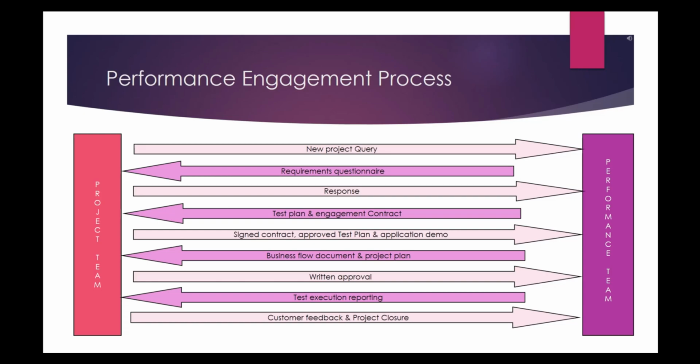Sending the requirement questionnaire, preparation of the test plan, business flow document creation, creating the project plan, test execution and reporting results are the tasks of the performance testing team. I suggest you pause the screen for a minute or 2 and see what deliverables are expected from the performance testing team and what activities need to be performed by the project team.